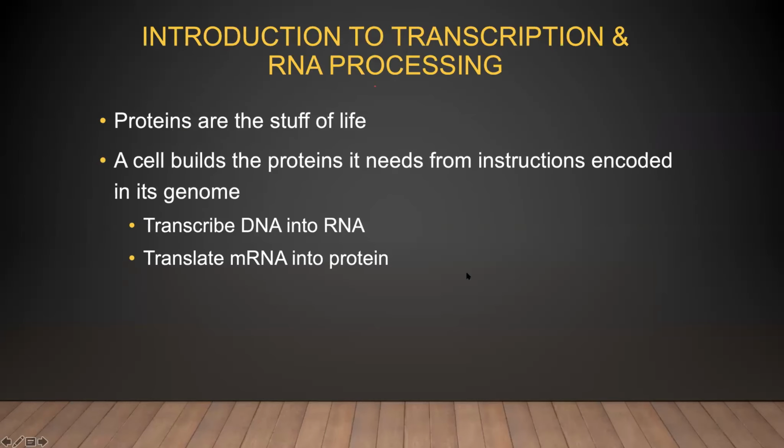All right, so again, just a reminder, proteins are the stuff of life. We talked about that proteins are the most abundant of these biomacromolecules that we see in living organisms. And basically what we're going to be talking about here in chapter 17 is how we're able to make them. Proteins come from the instructions that are encoded in that specific organism's genome.